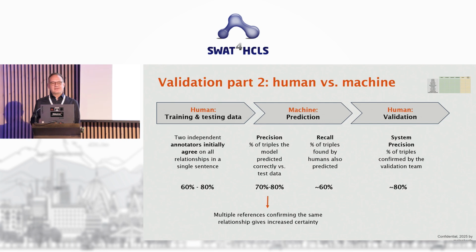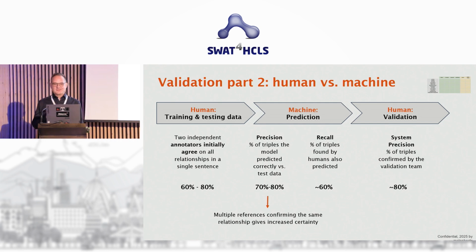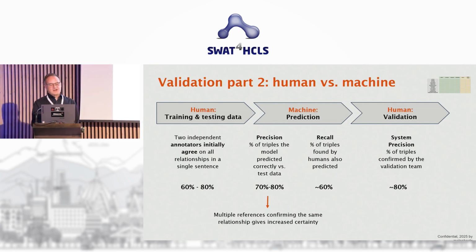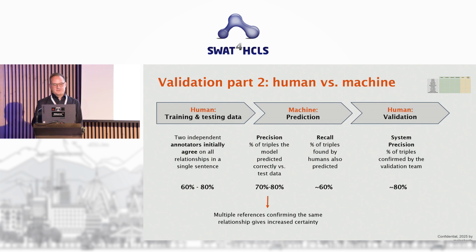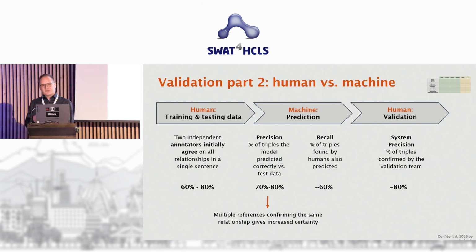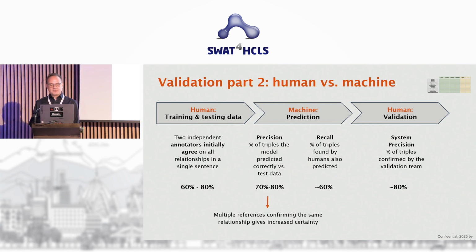Initially they had an agreement rate of only 60%. It means even humans can have very different opinions on how to interpret a sentence in this scientific environment. Over time, they learned how to work with it and achieved a level of 80%. Now, versus this test set, we have achieved precision of 70 to 80%.